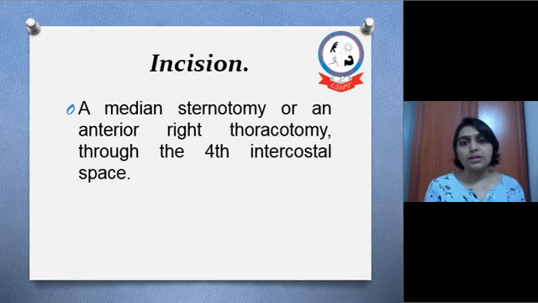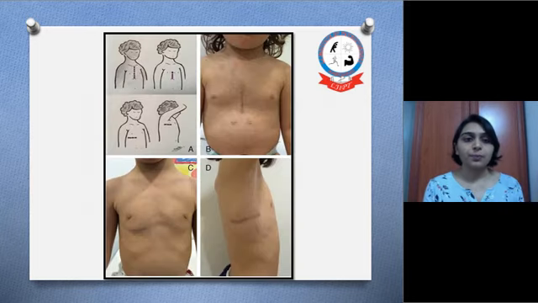For this type of disease, the treatment is only a surgical option. Medical treatment can be given up to 1 or 2 years of age as a palliative treatment for ventricular failure or any subacute bacterial endocarditis, etc. For surgery we require either a median sternotomy or an anterior right thoracotomy incision through the fourth intercostal space.